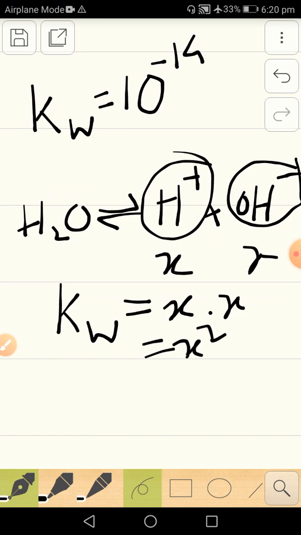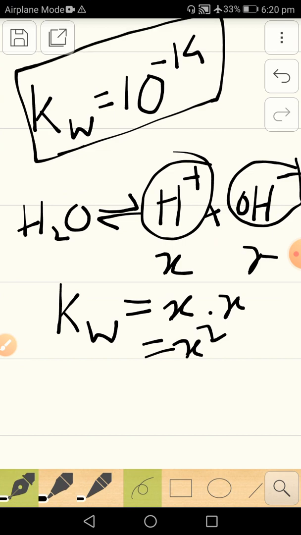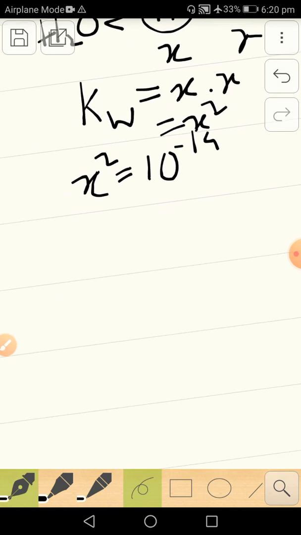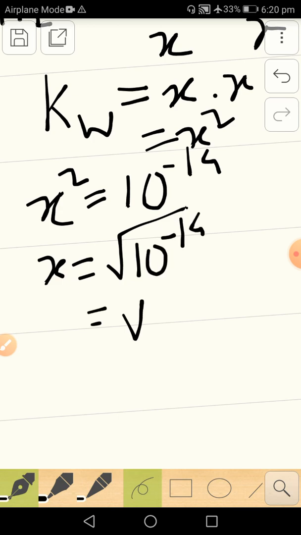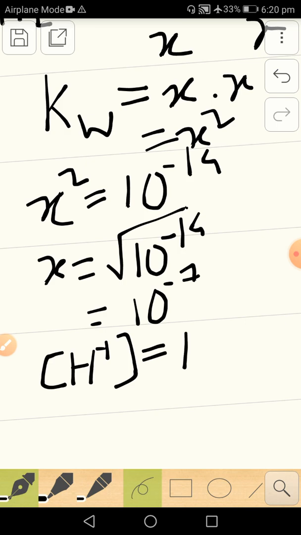Now again, our experimental value shows that Kw must be equal to 10 to the power minus 14. So x square must be equal to 10 to the power minus 14, which means x must be equal to root over 10 to the power minus 14, that means 10 to the power minus 7. So x, the concentration of H plus, is equal to 10 to the power minus 7. It also means the concentration of OH minus, but we are focused on finding the pH only.